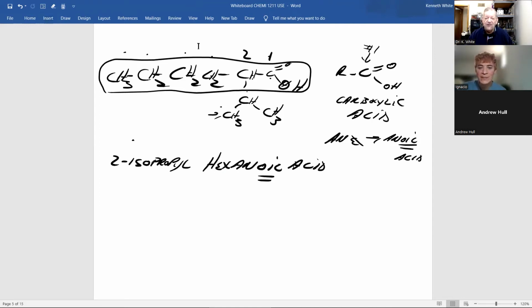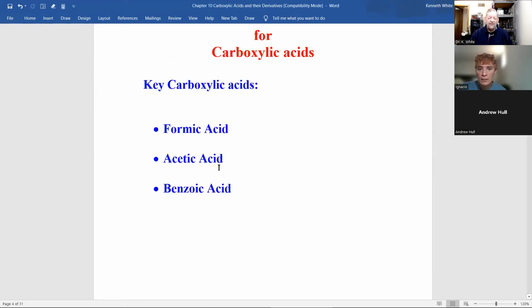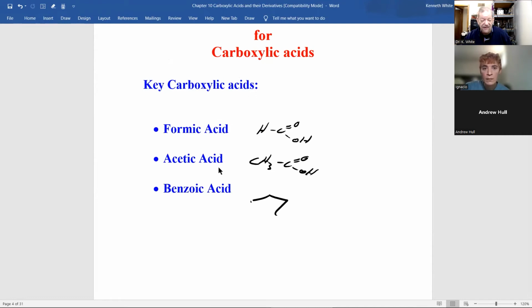All right, we did this already, but I thought I'd do a quick review. And don't forget, here are 3 common names. This is the structure of formic acid. This is the structure of acetic acid. And this is the structure of benzoic acid.